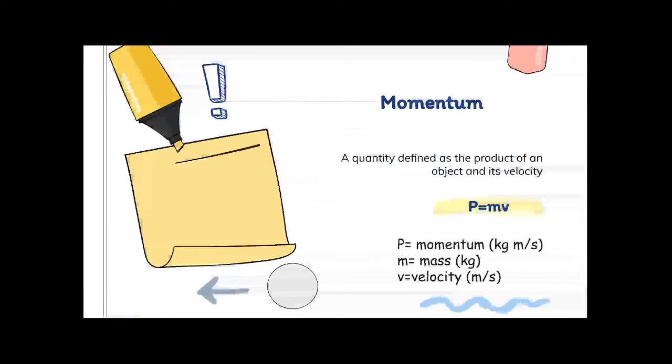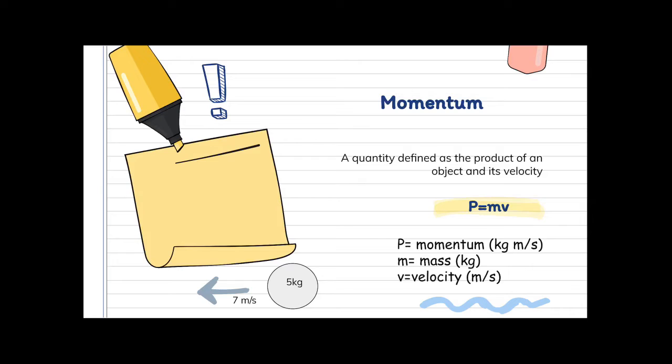Now, if you look down to the bottom left, you can see the example that I gave, and we're going to pretend that it's a ball and it's going to roll to the left. The ball is 5 kilograms and it's moving at the speed of 7 meters per second.